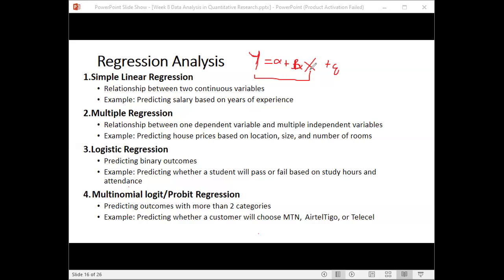So let's say the effect of learning, the number of hours you learn, on your performance, right? Let's use those two variables.